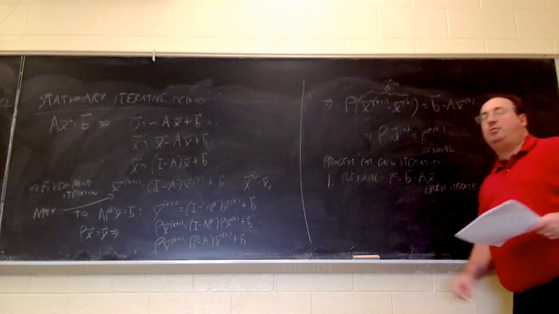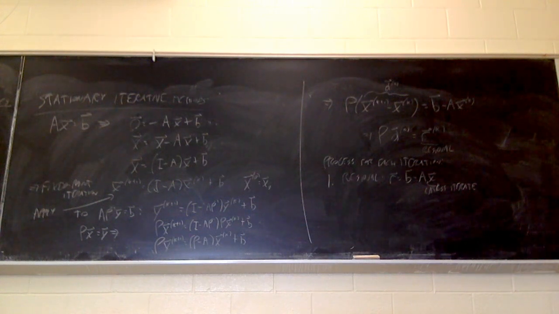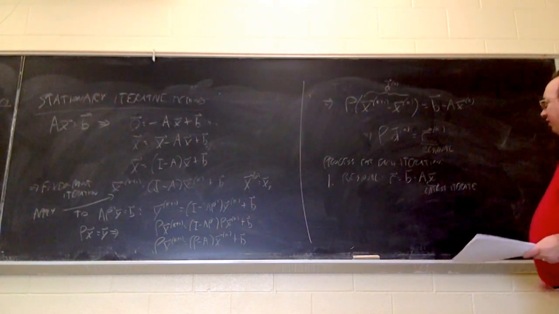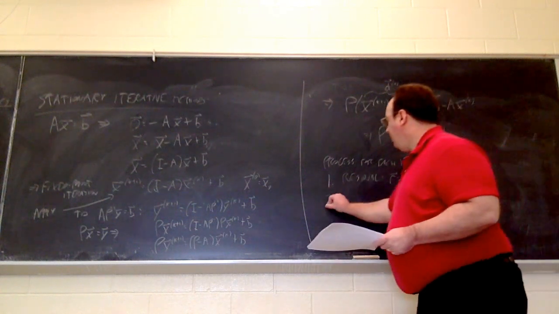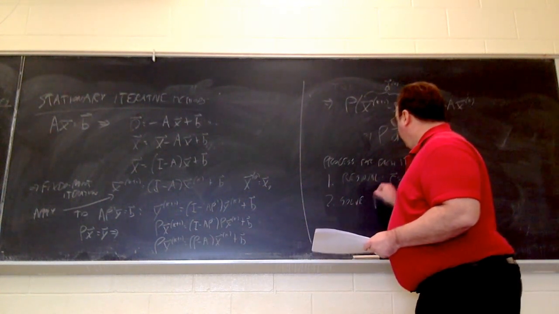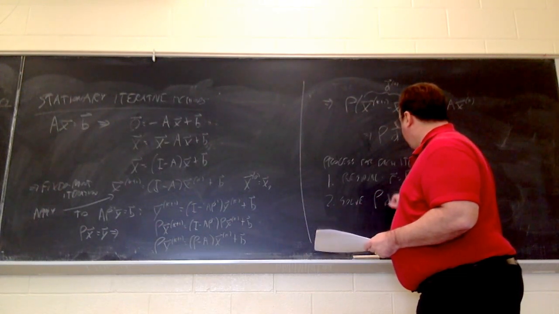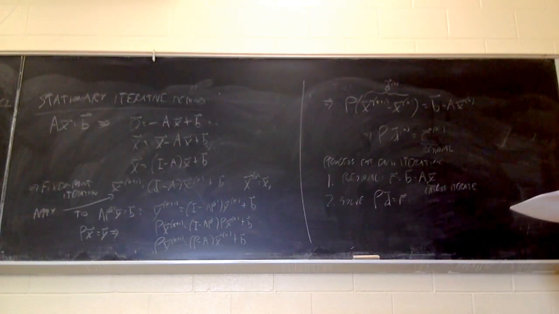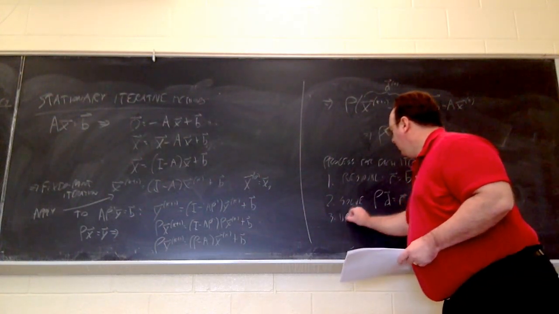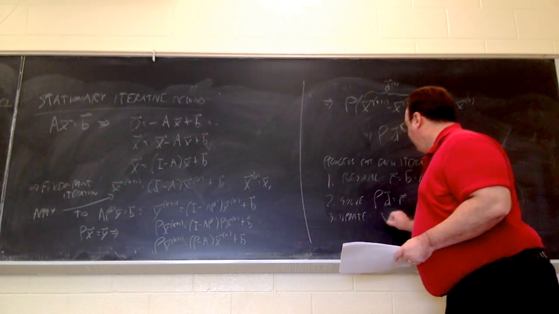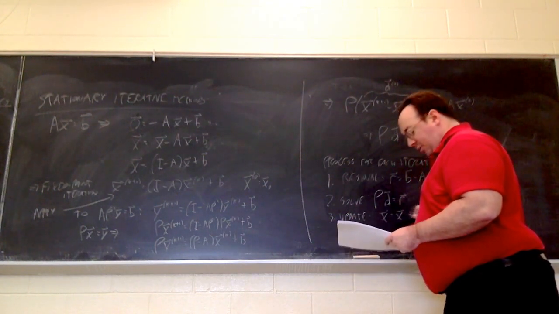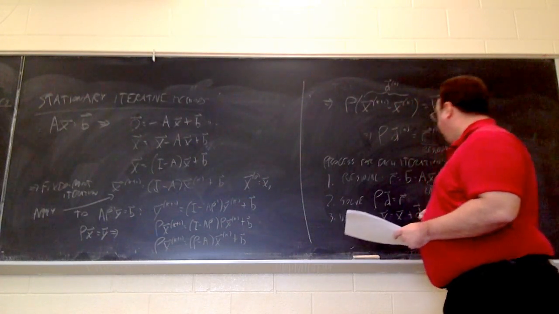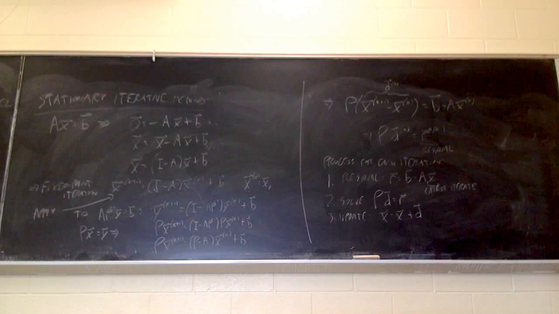Here I'm not using subscripts because typically in code you would not need them. You just overwrite everything as you go from one iteration to the next. So you compute your residual, and then you solve your preconditioned system, Pd equals r, with that residual on the right-hand side, and then you update your solution based on that. So x is replaced with x plus d. Mistake in the notes: it says x plus d, but for some reason I have x equals x plus r.